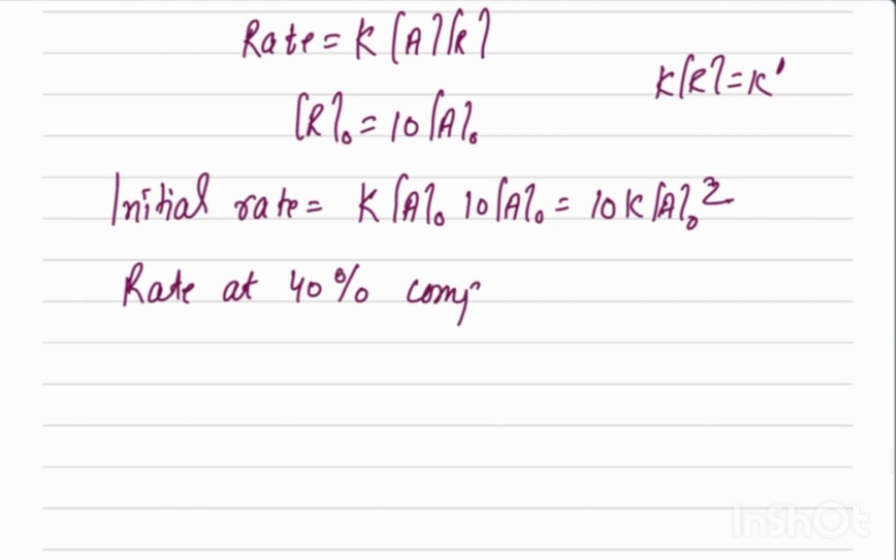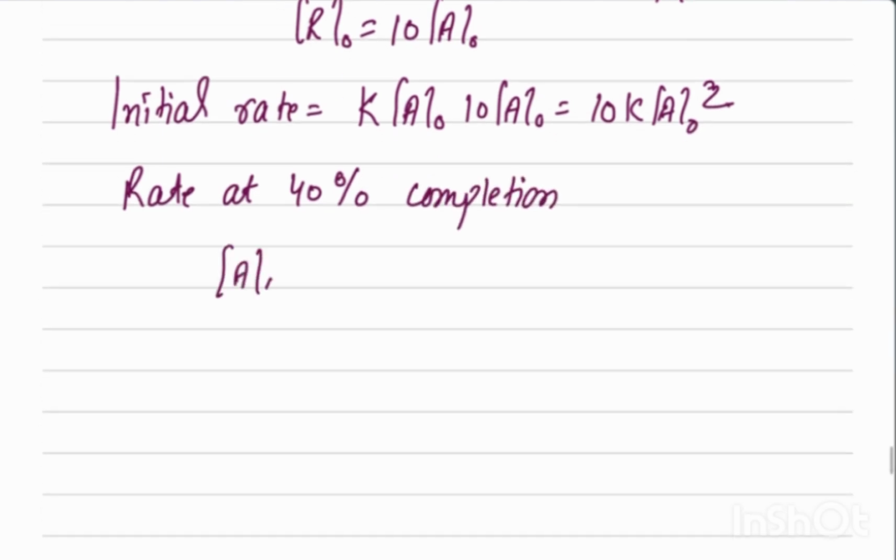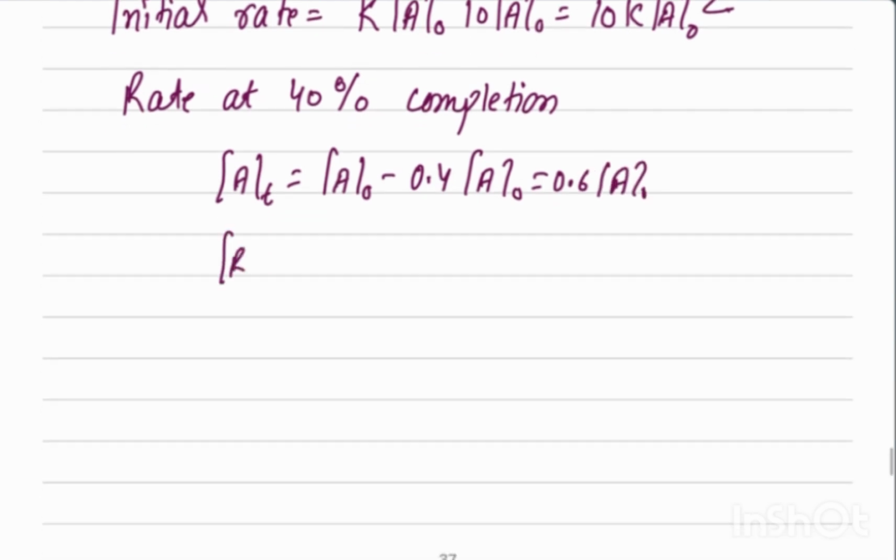At 40% completion, A t is equal to A naught minus 0.4 A naught, which is equal to 0.6 A naught, and R t is equal to 10 A naught minus 0.4 A naught, which is 9.6 A naught.